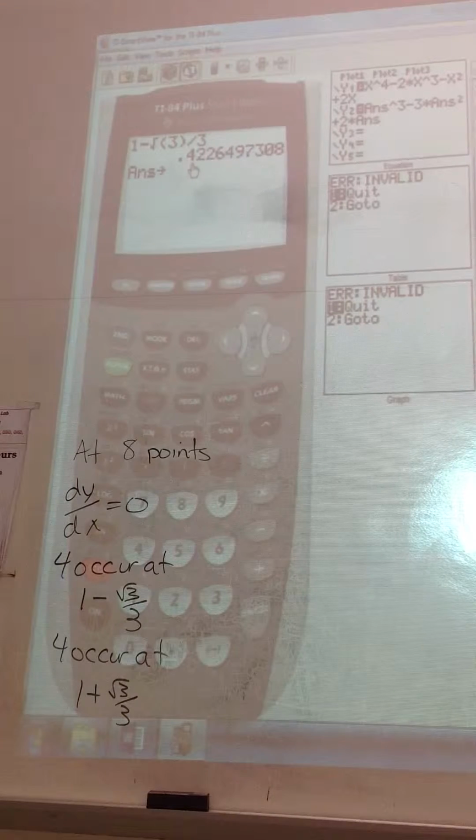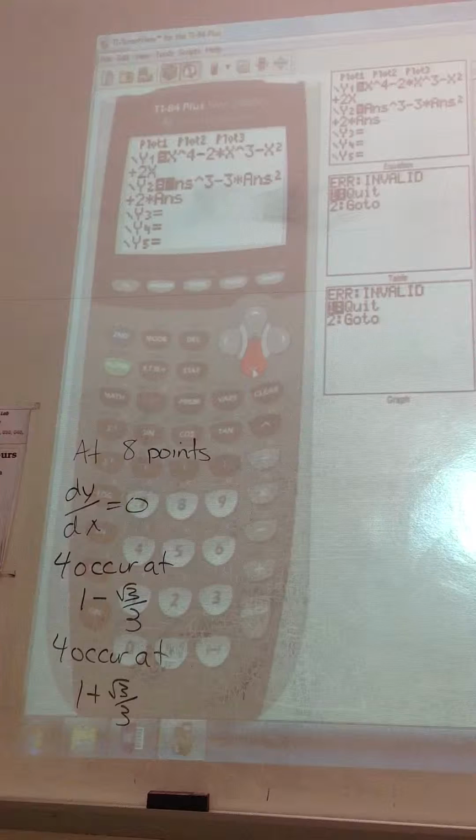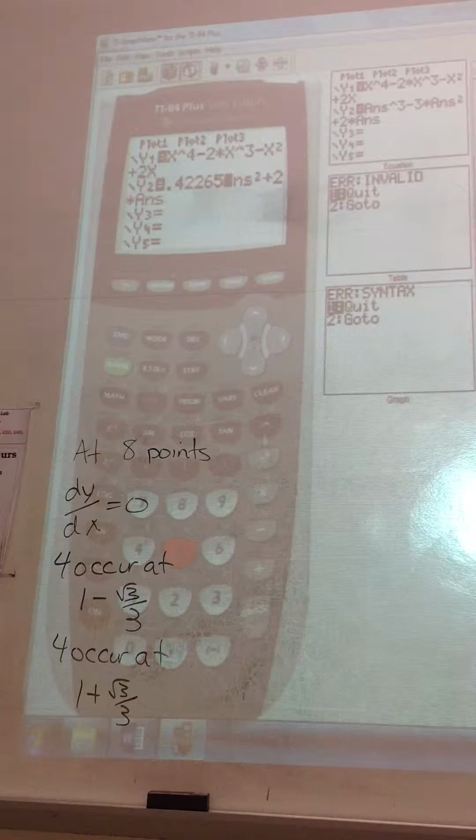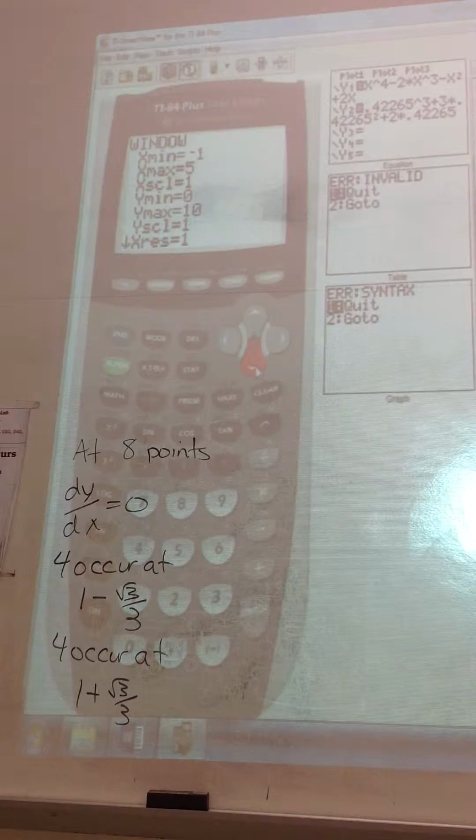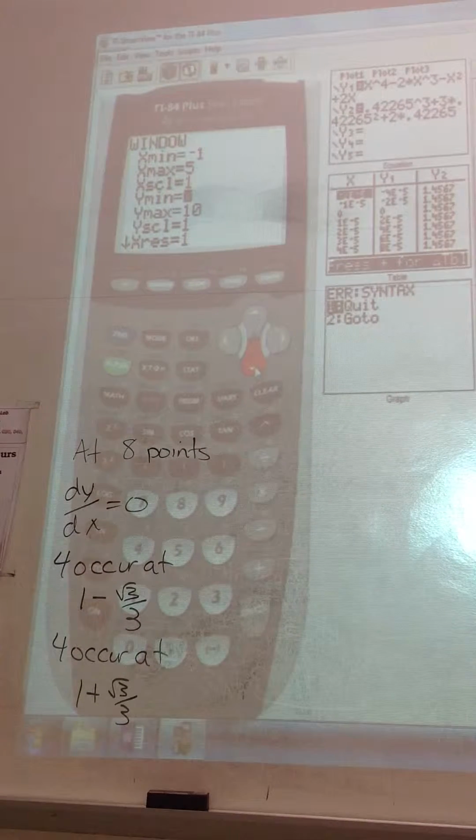If I put 0.422265 plus 3, 3x, 3 squared, plus 2, right? Yep. So that's what I probably do. And the x's, my y's.